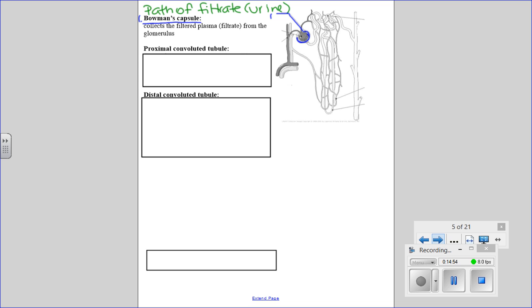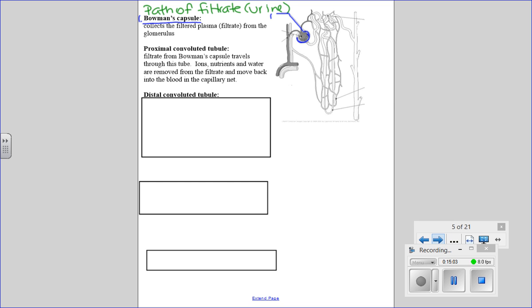Now if I follow where Bowman's capsule is attached, I will meet the proximal convoluted tubule, which is kind of a long name. It is very often referred to as PCT, proximal convoluted tubule.